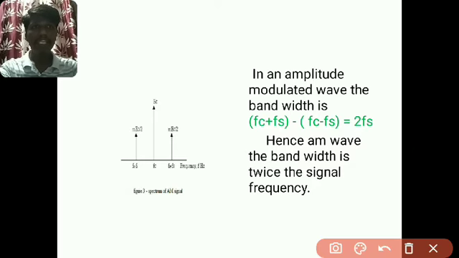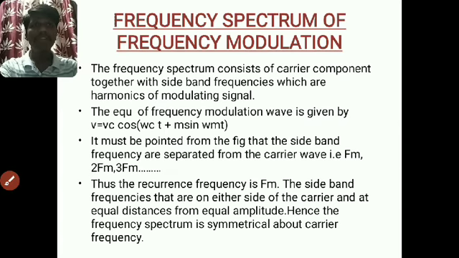The second topic is the frequency spectrum of frequency modulation. Frequency modulation is under the process of the frequency spectrum, so it is easy to proceed with frequency modulation, because the frequency spectrum is related to frequency modulation.